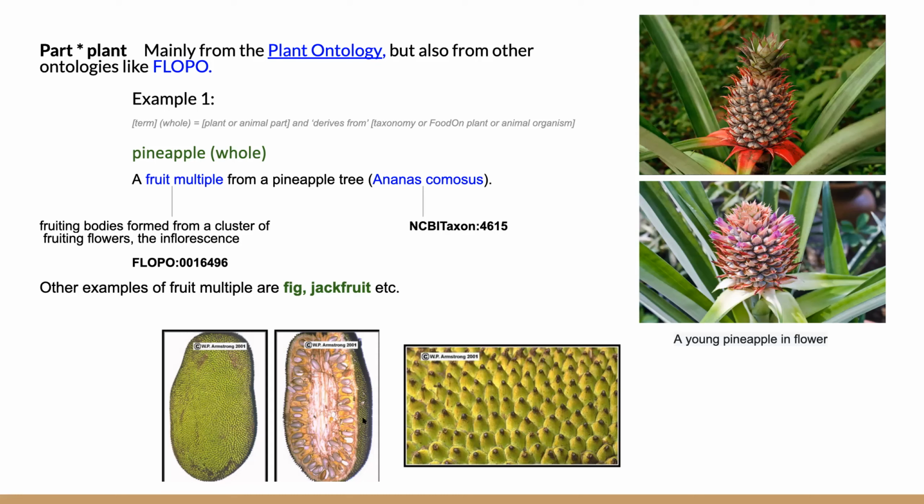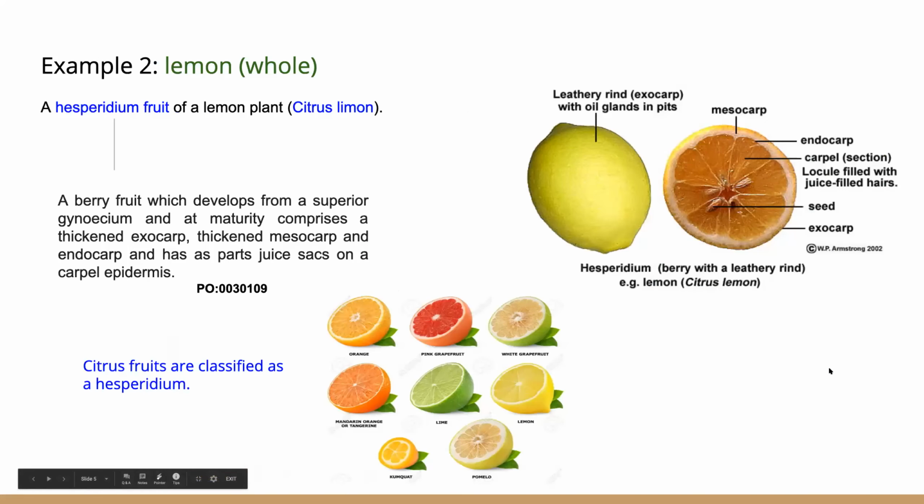So here in the organismal table, we are dealing with different terms and different anatomical parts from where they are derived. Just to give you a clearer understanding, I have another example, lemon. Lemon is a Hesperidium fruit of the lemon plant. These are the definitions which we are creating from axioms based on anatomical part and by also merging the taxonomy.